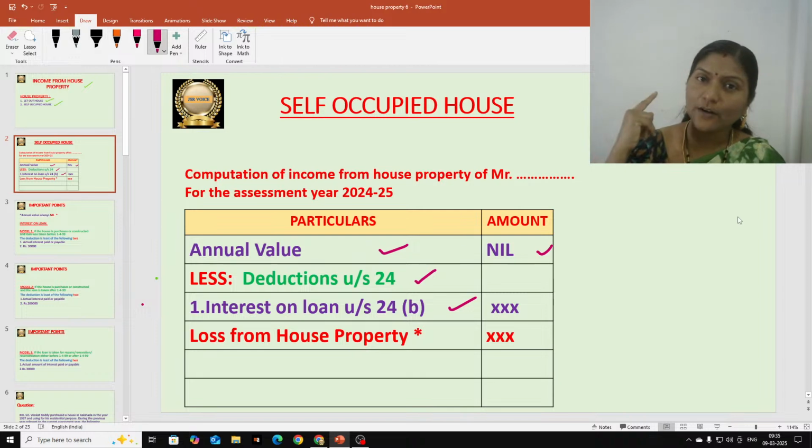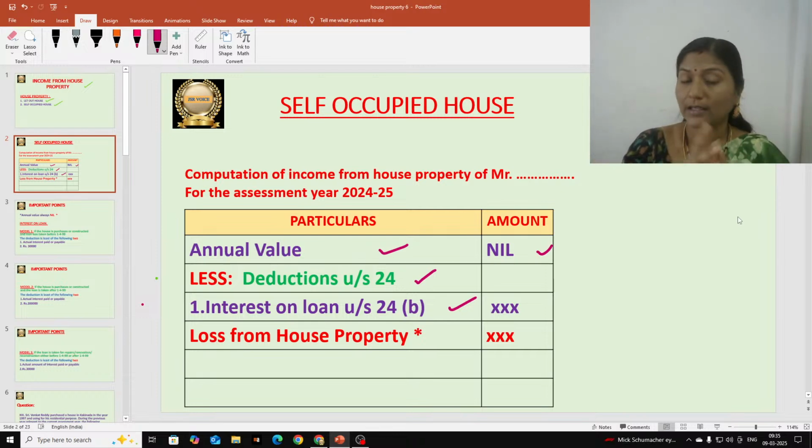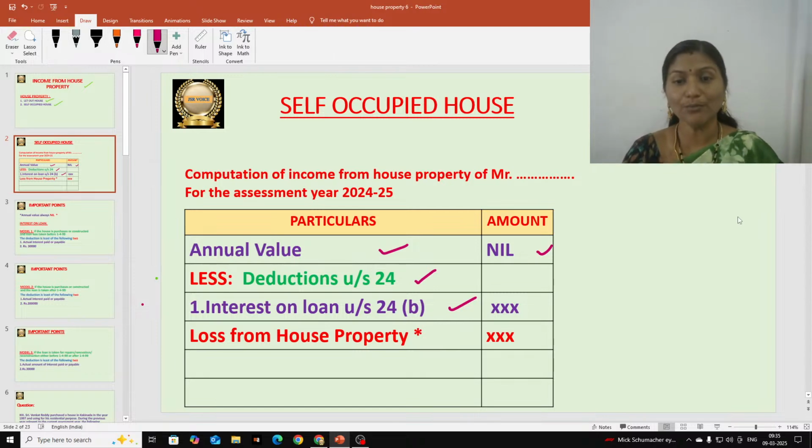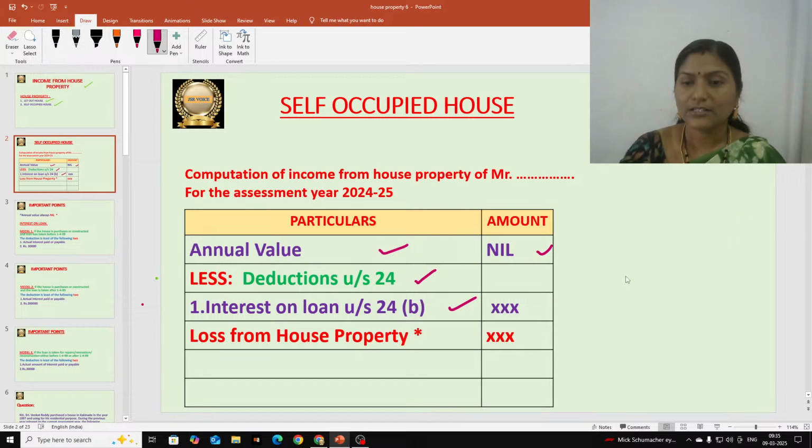In case of a let out house, whatever interest on loan amount is in the question, we used to write that. But in a self-occupied house, we should not write like that. There are some rules for that. Some models are there. We should look into those models and follow those rules, and only then can we give deduction under section 24(b). I will tell you how to calculate that.